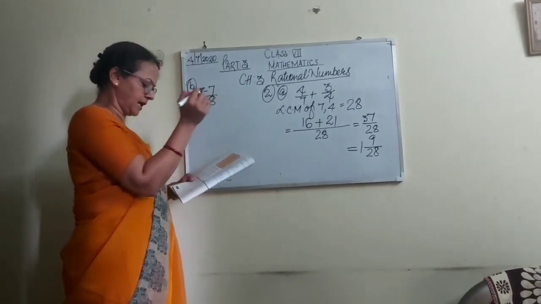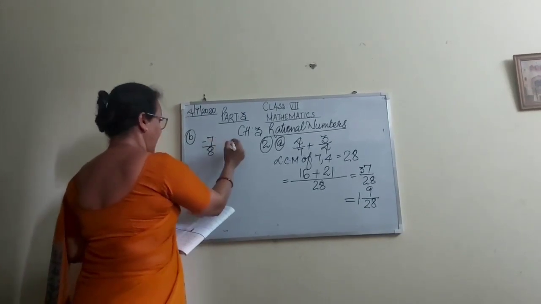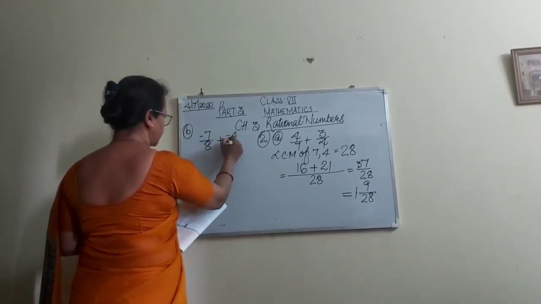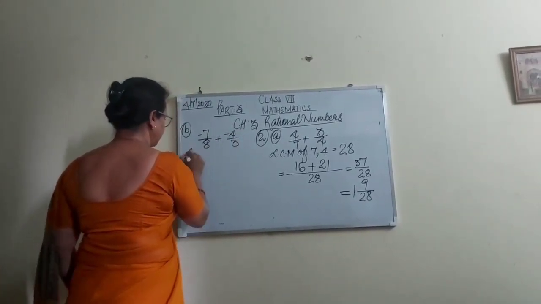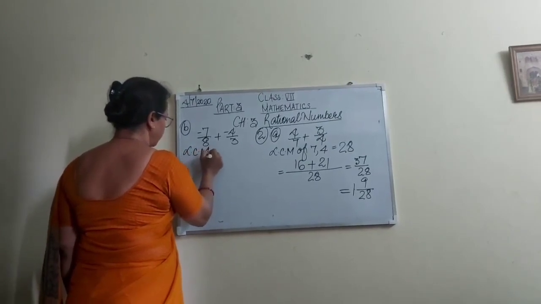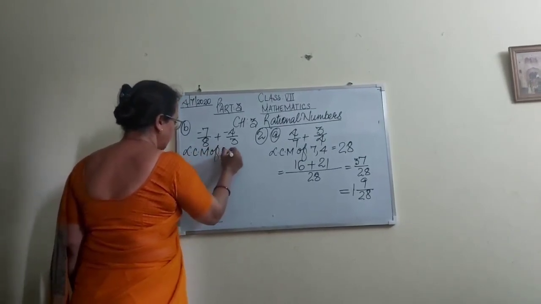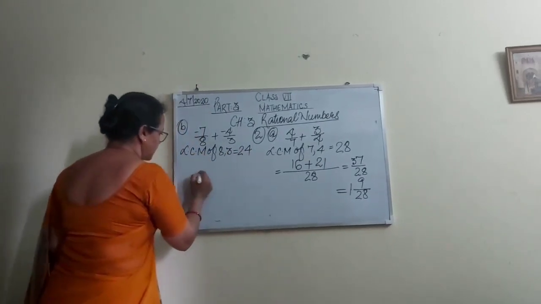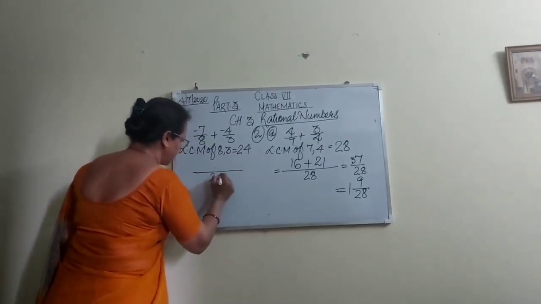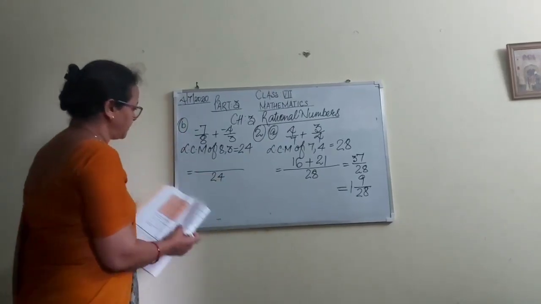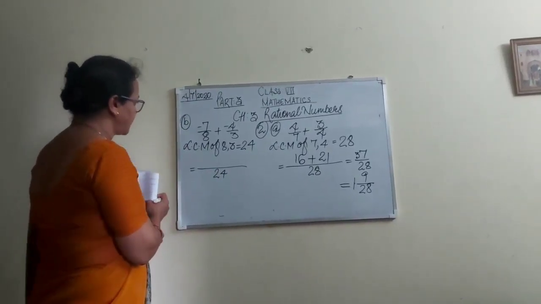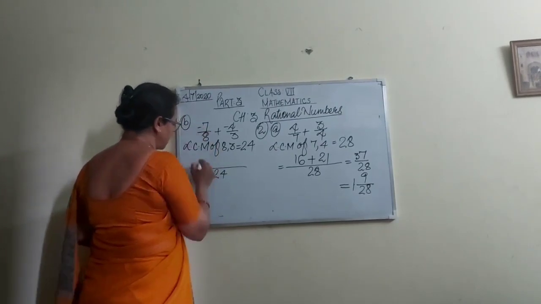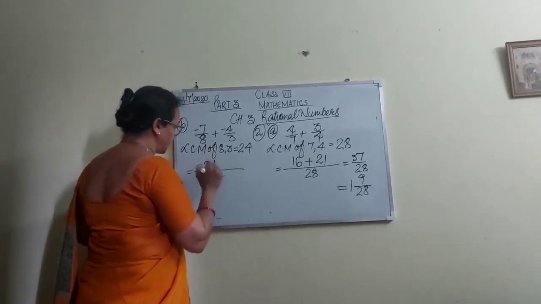Minus 7 by 8 plus minus 4 by 3. LCM of 8 and 3 is 24. Now 24 is the LCM. 24 divided by 8 is 3, 3 into 7 is 21. 7 is minus, so it will be minus 21.